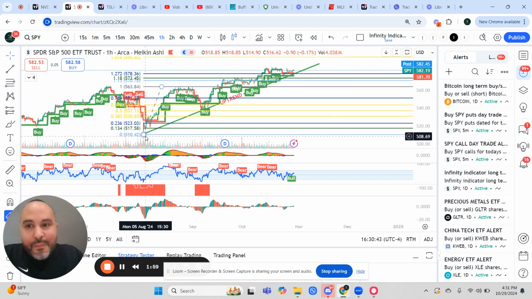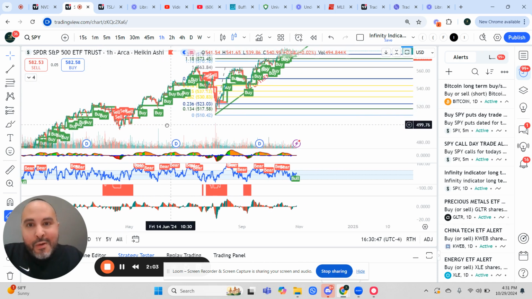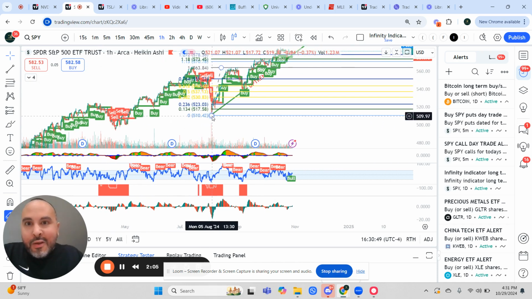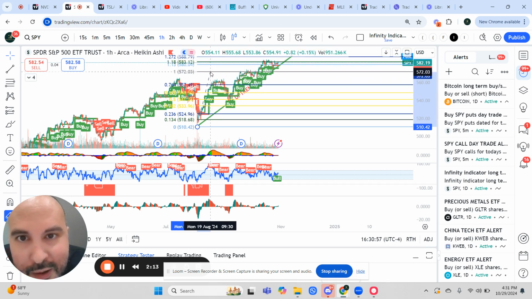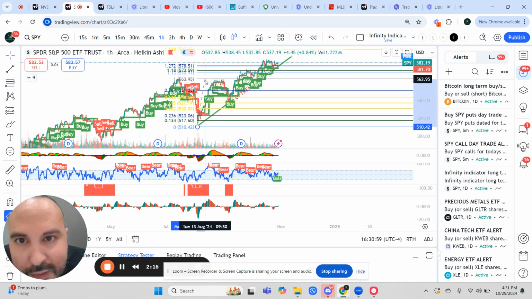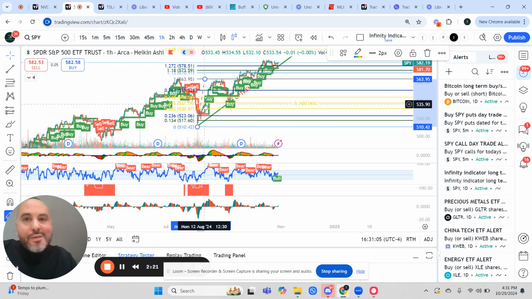So SPY, again, we are in an uptrend, right? So what do we find? We find our higher low and then our higher high, which is actually technically, I guess it's right there. Nope, it's right there. Sorry, that's really close.